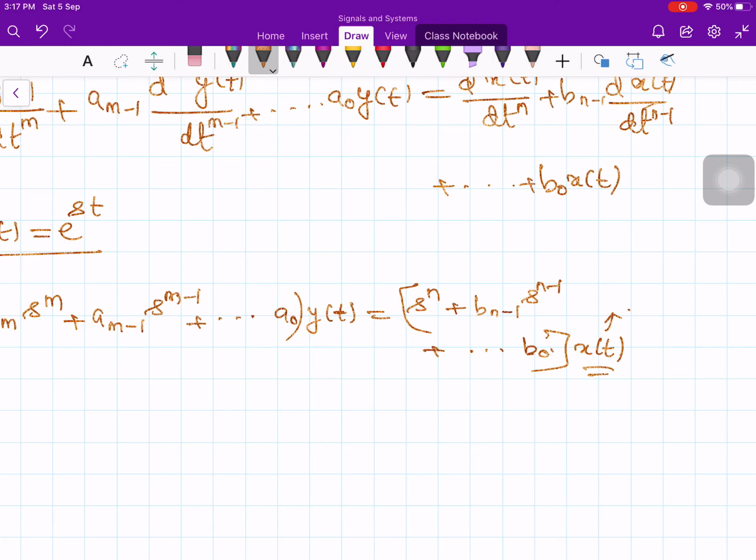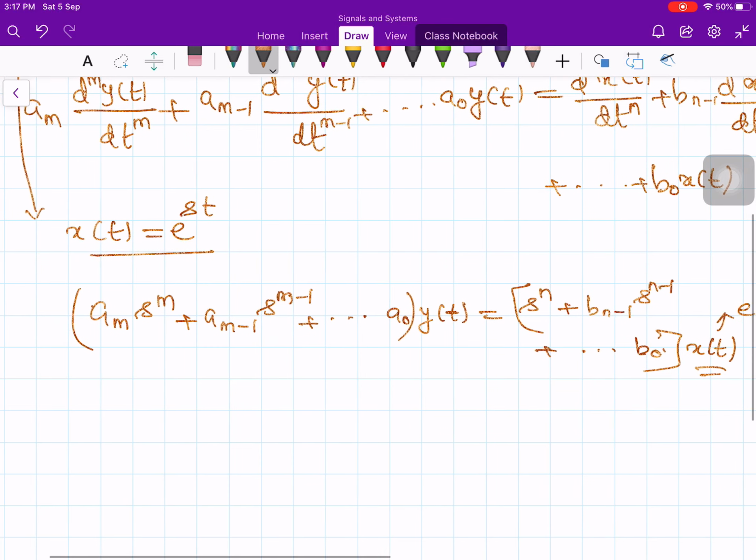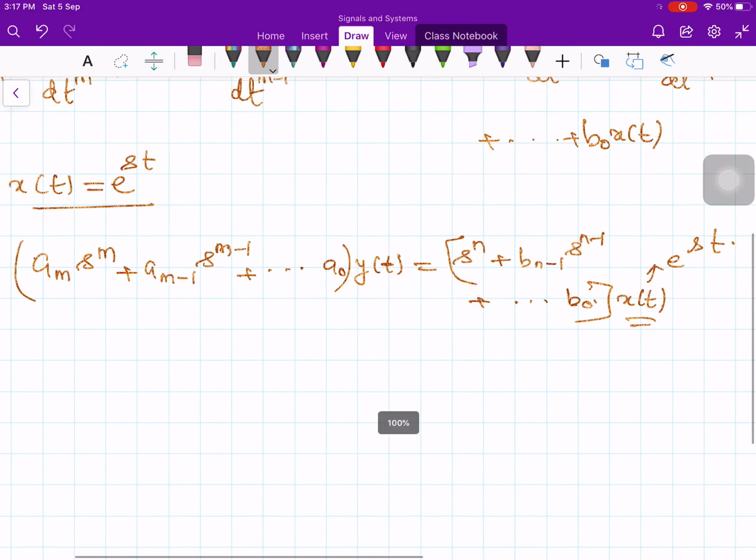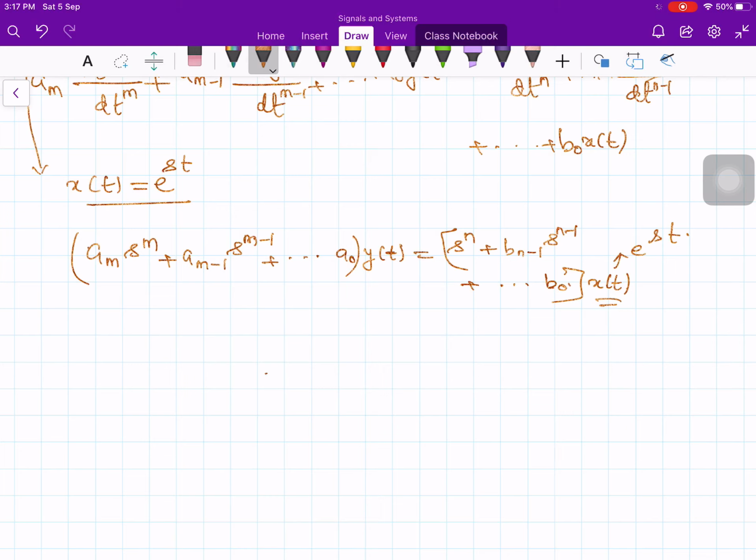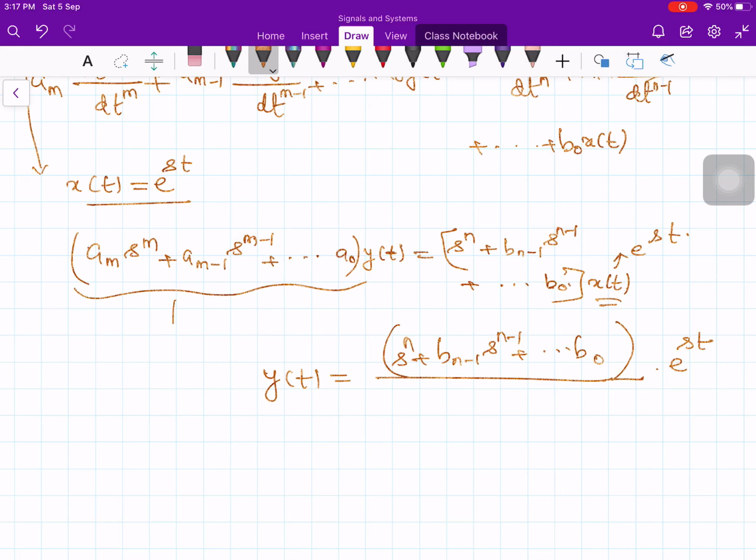Where x of t is equal to e to the st. Now, what is y of t in this? Y of t is equal to, in the numerator, s to the n plus b n minus 1 s to the n minus 1 plus dot dot dot b naught. The whole thing is multiplied by x of t. What is x of t now? X of t is e to the st. So, on the left hand side, this comes to the denominator: a m s to the m plus a suffix m minus 1 s to the m minus 1 plus dot dot dot plus a naught.